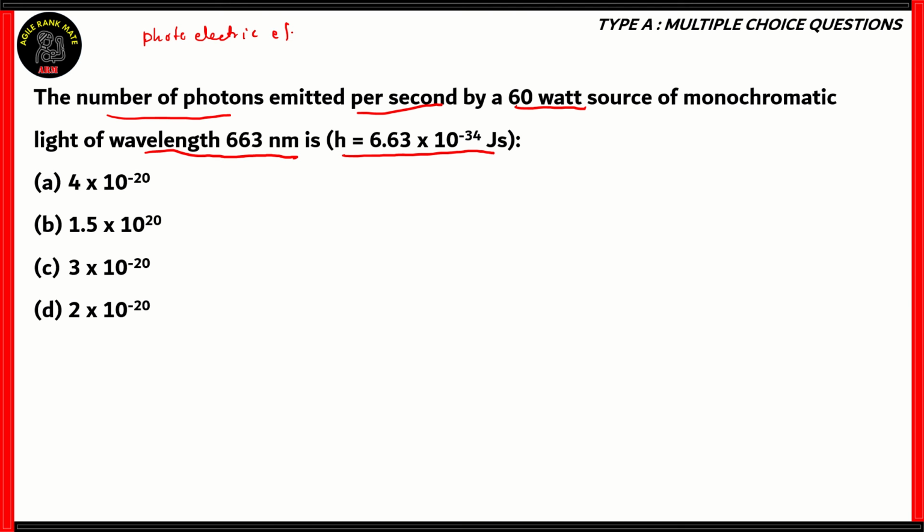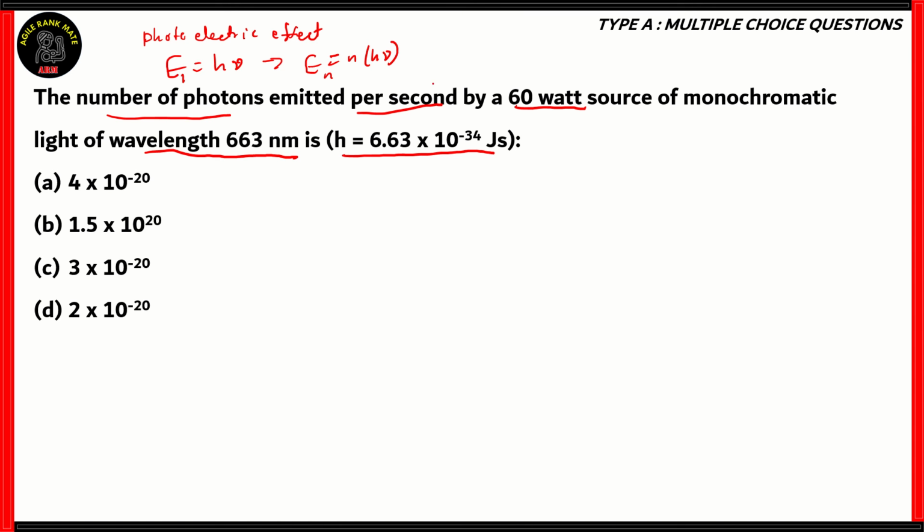In the photoelectric effect, the base value of energy equals h times nu. So if you need to find the number of photons, then E will be equal to n times h nu, n times the energy of one photon. Now, how do we find the number of photons? For that, we need to know the energy and the frequency.